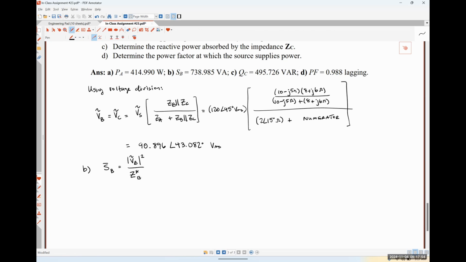That was from our alternative relationships that we developed. So that's literally just going to look like 90.896 volts RMS squared. We only want the magnitude, so we throw the phase angle away. It's not important to us. ZB was 10 minus J5, so ZB conjugate is 10 plus J5.